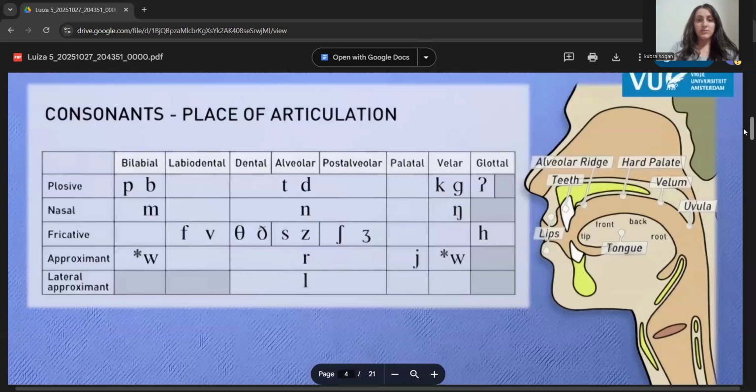The place of articulation of a consonant is shown in the consonant grid columns. As you can see here: bilabial, labiodental, dental, alveolar, postalveolar, palatal, velar, and glottal. The rows in the consonant grid indicate our third parameter, the manner of articulation.